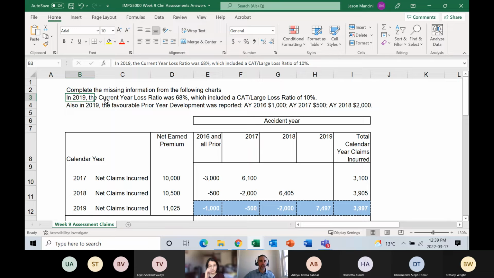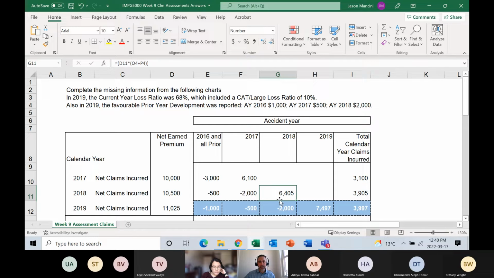So this idea of current year loss ratio is the net claims incurred for the accident year that's of the current calendar year that you're in. So the 2018 current accident year ratio would be claims of accident year 2018 in calendar year 2018.